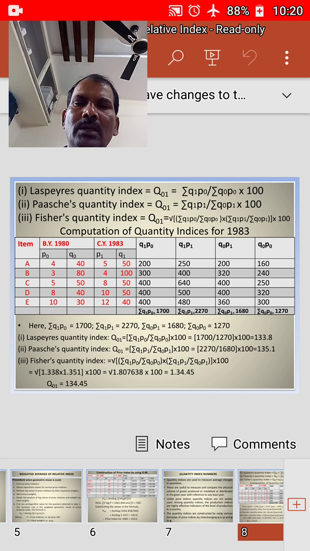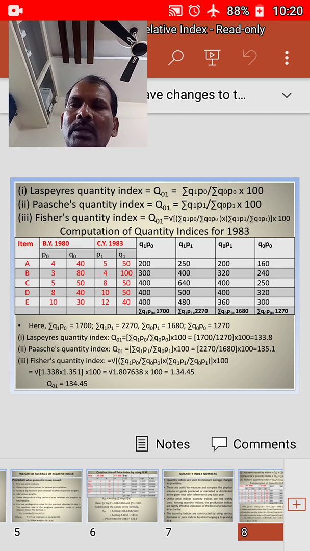If you multiply base year prices with current year quantities, you will get 4 into 50 is 200, 3 into 100 is 300, 5 into 80, which was wrongly entered earlier, that is 400, 8 into 50 is equal to 400, and 10 into 40 is equal to 400.